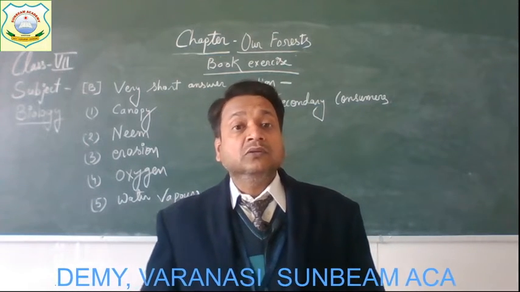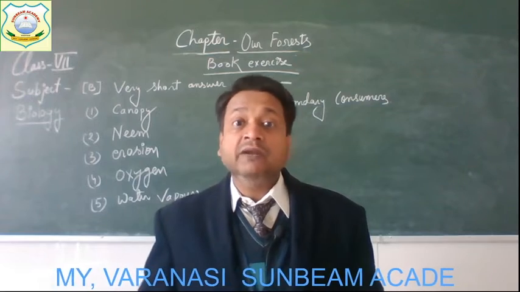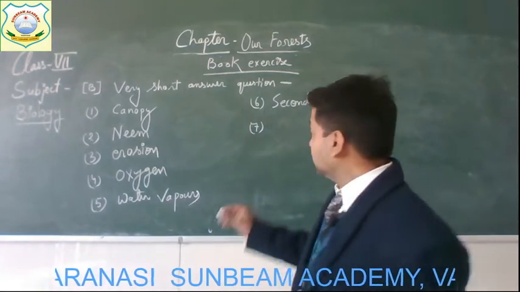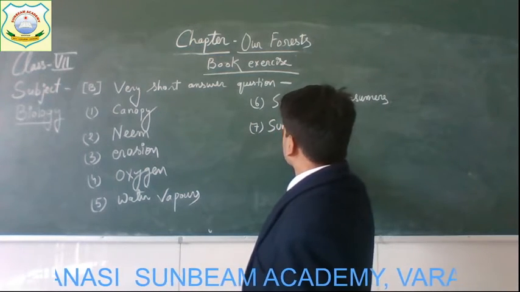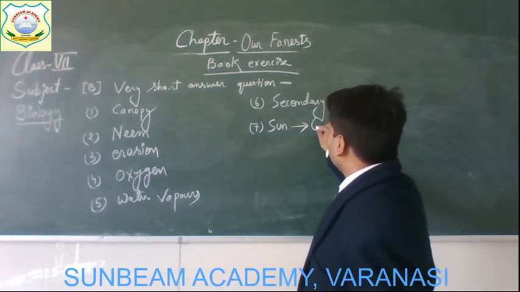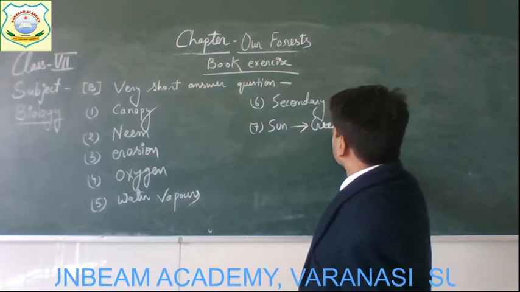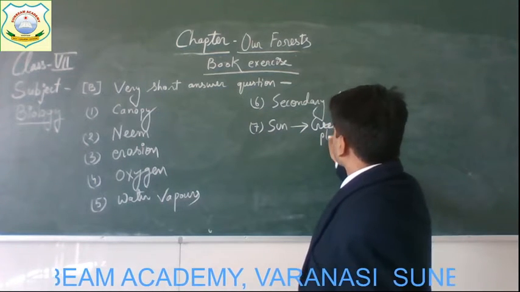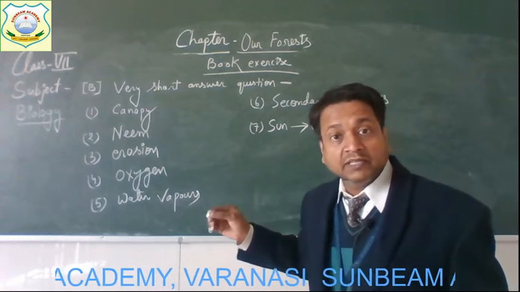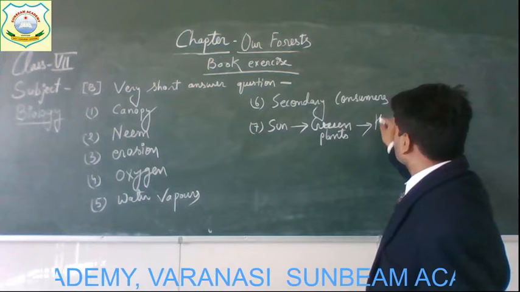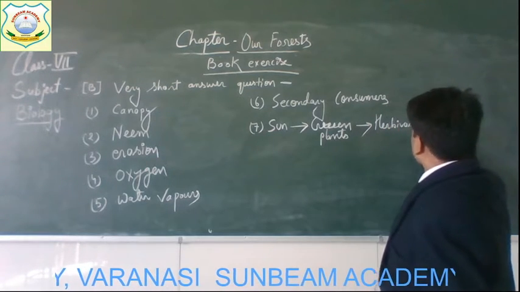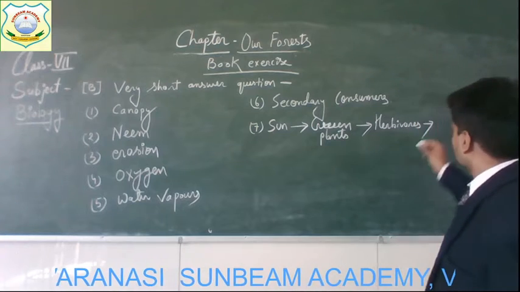The order of energy flow in a food chain is: sun, then green plants, then herbivores, and then carnivores.